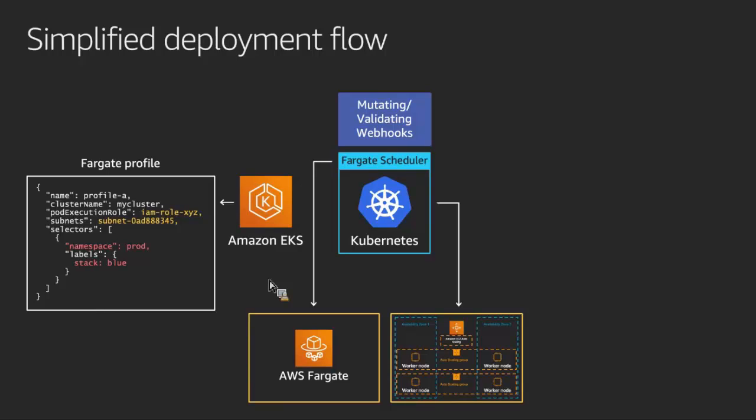So let's make a practical example of how this works. This is somewhat similar to the demo that you had just seen, but a little bit more complete. In this example, I have an EKS cluster that has attached both a set of worker nodes, managed node groups, for example, as well as a Fargate profile that enables you, the user, to deploy to Fargate.